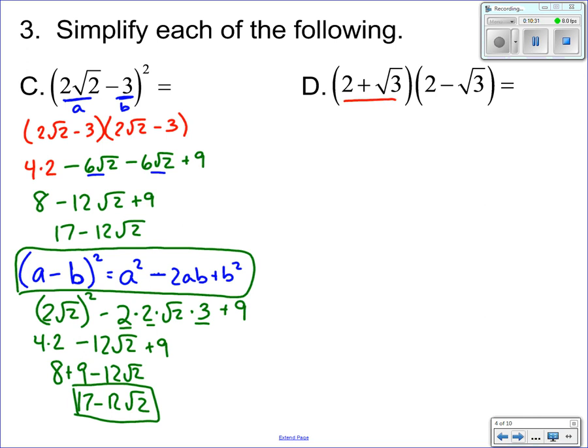Okay, D. These two radicals are what we call conjugates. They have the same first number, same radical, just the sign in the middle. One's plus, one minus. Something really interesting is going to happen when I FOIL these out. So let's do first terms together.